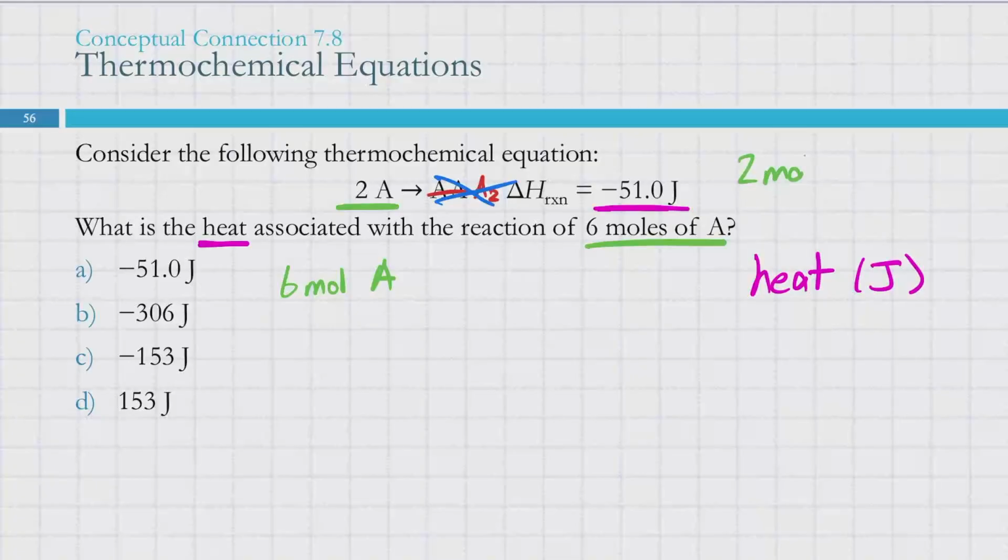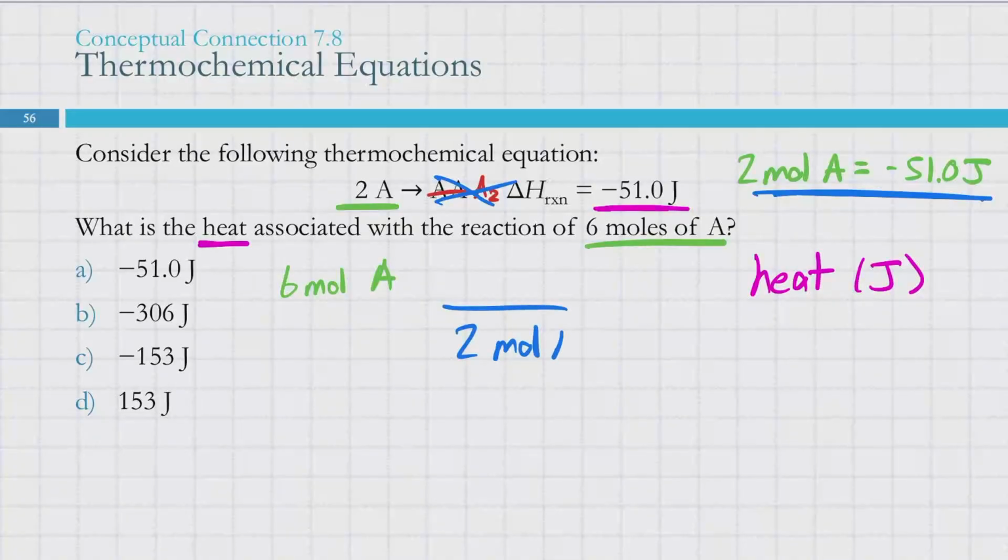So 2 moles A equals negative 51.0 joules. And that is our conversion factor. So this will let us go from 6 moles of A to whatever amount of heat. So the moles part goes on the bottom. 2 moles of A on the bottom.